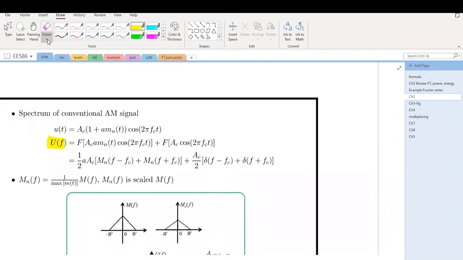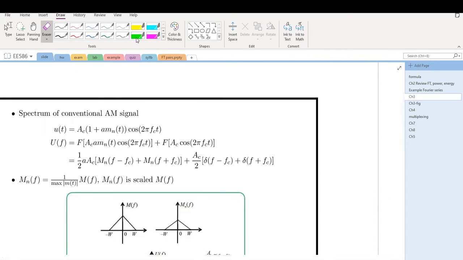Now let's take the Fourier transform of the modulated signal. So U(f), we take the Fourier transform of u(t), and using the linearity of the Fourier transform, there are two terms here, a linear combination. We take the Fourier transform for each waveform and then sum them together. Let's look at the second term first.